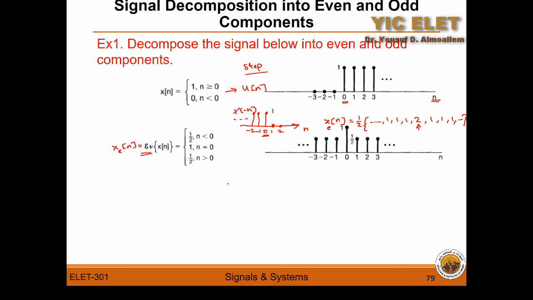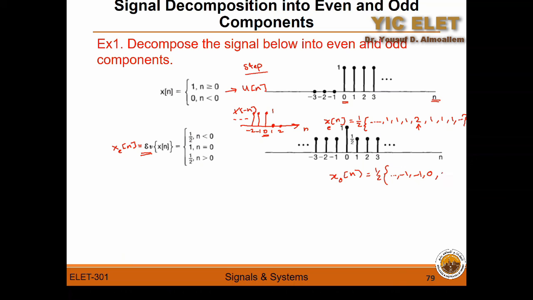Now for the odd part, we have to subtract x of n minus x of minus n. Then we will have the multiplication of half into the sequence. So on the negative side it will be minus 1, minus 1, all the way till we reach this point, where plus 1 minus 1 will be equal to 0.